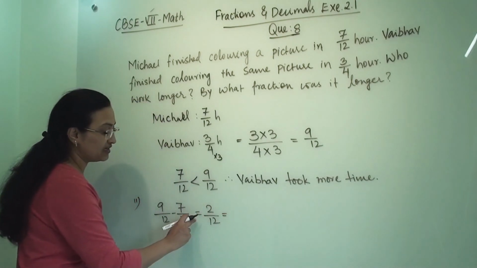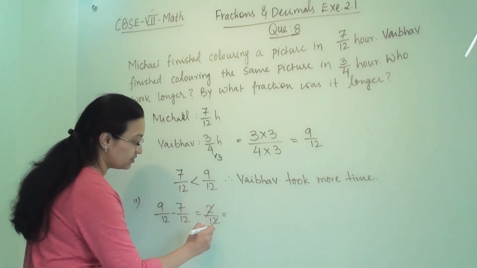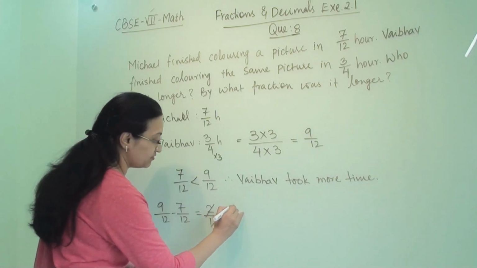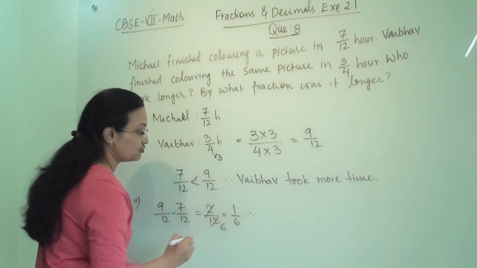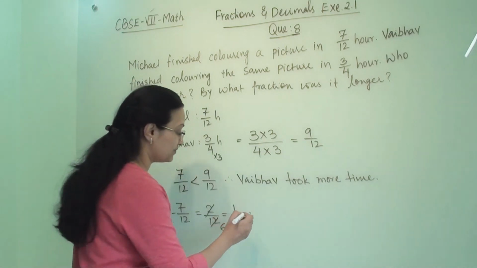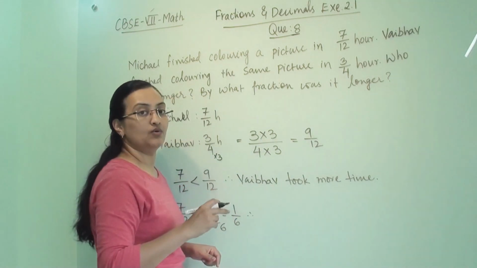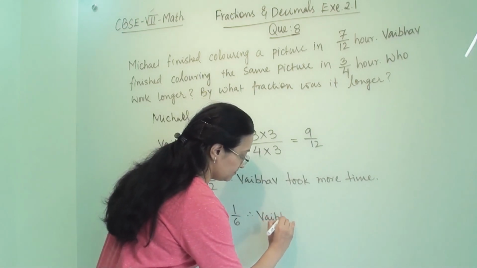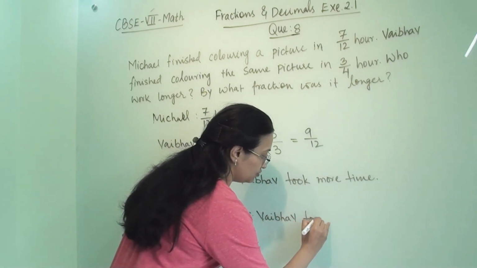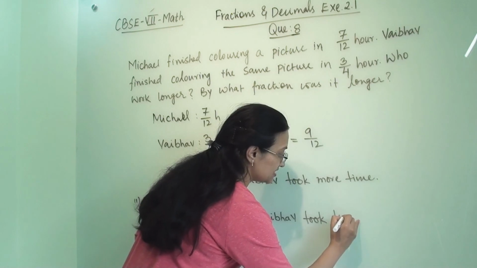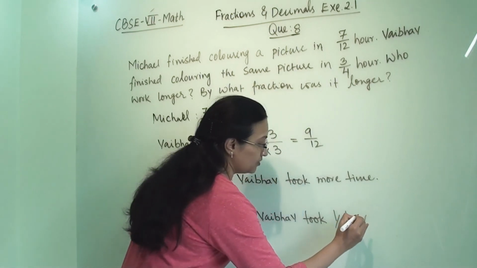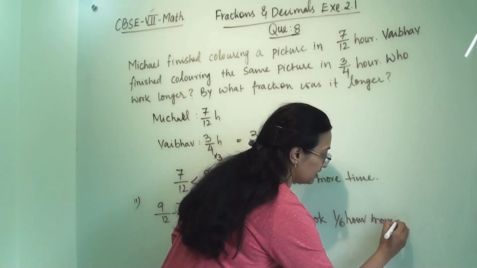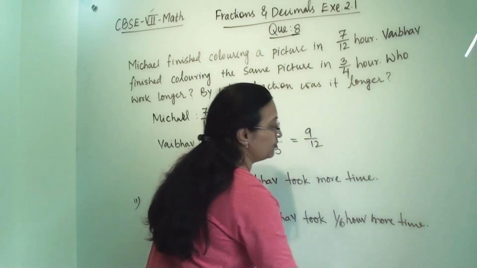Again we convert this into lowest form by dividing, so we will get 1 by 6. So how much more time did Vaibhav take? 1 by 6 hour he took more time. So Vaibhav took 1 by 6 hour more time compared to Michael.